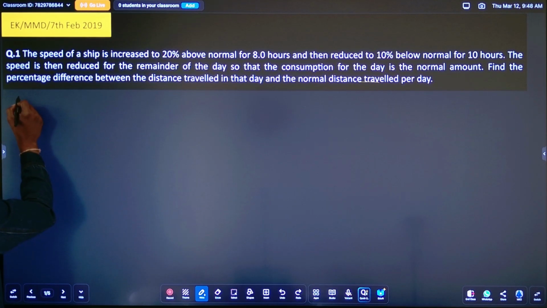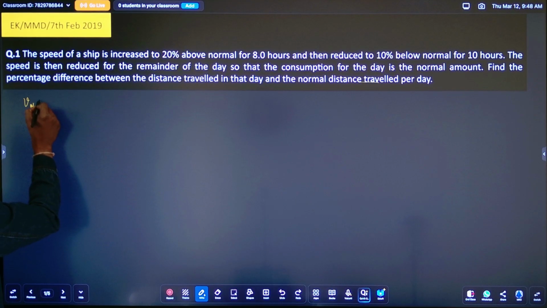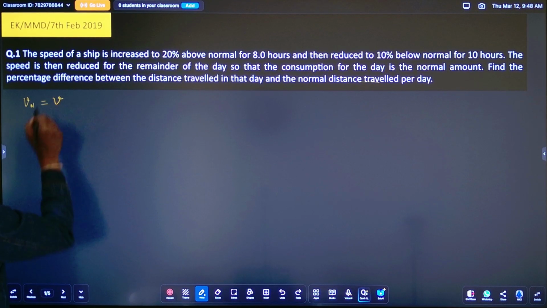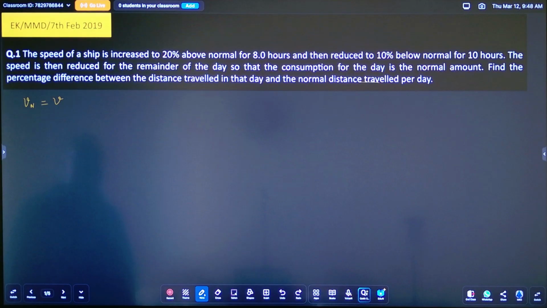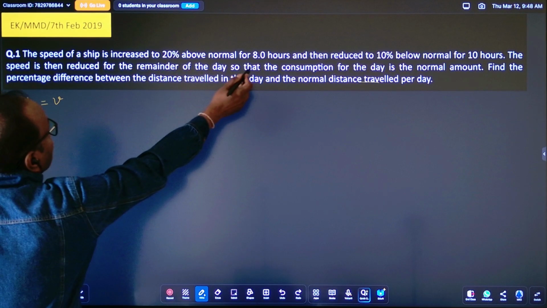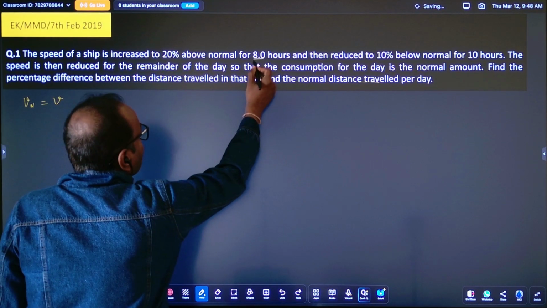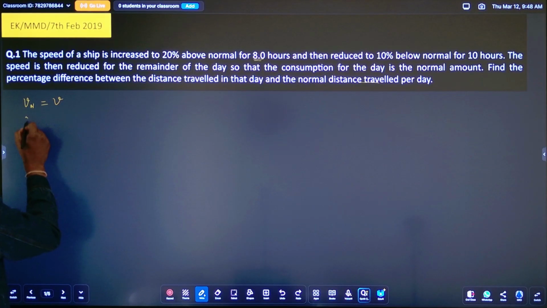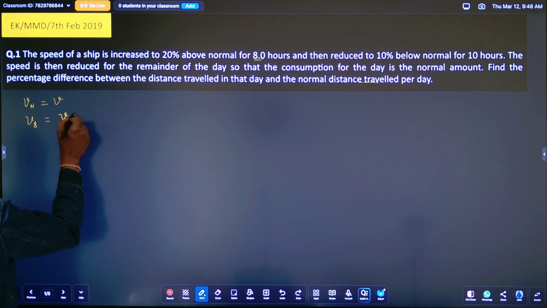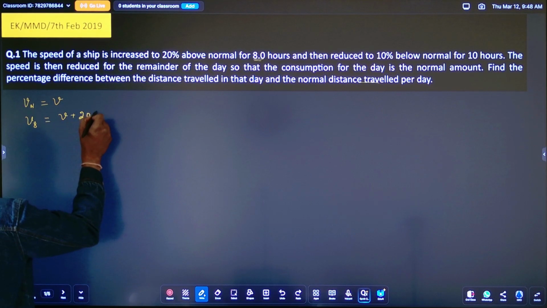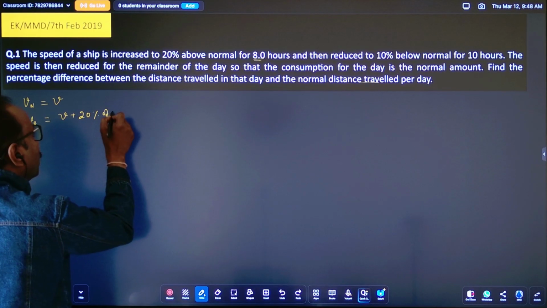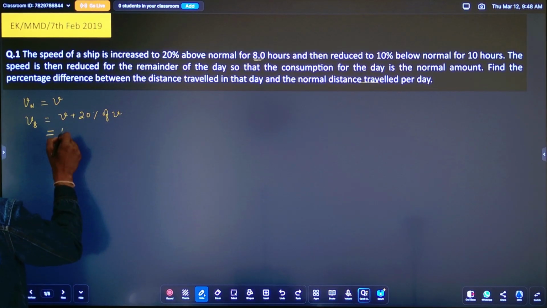So let us say normal speed Vn is equal to V. So increased speed will be with which it went for 8 hours. If we write as V8, it will be V plus 20% of V, that is 1.2 V.